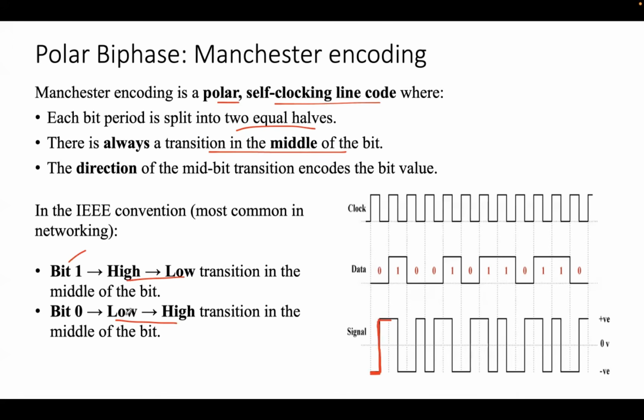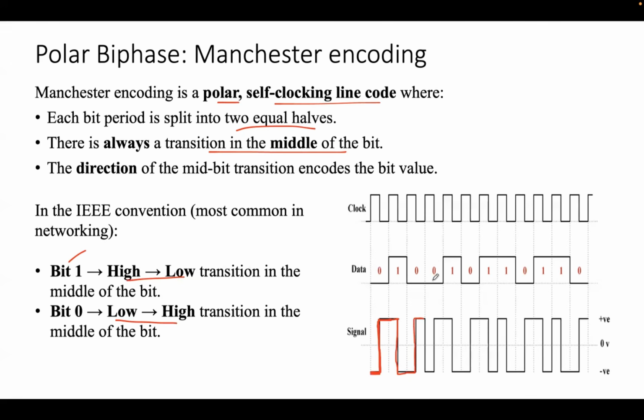So you will find a low to high transition. And after that, when the value is 1, first you will find high, and after that it will be high to low. For 0, low, and after that you will find low to high transition.